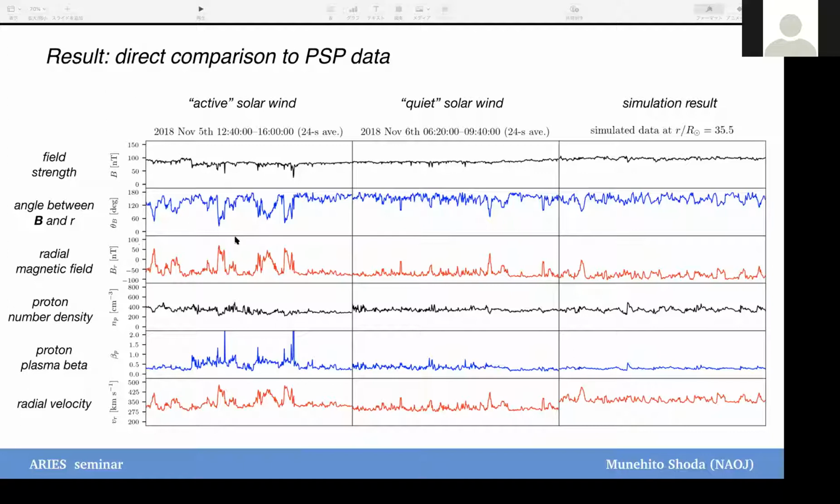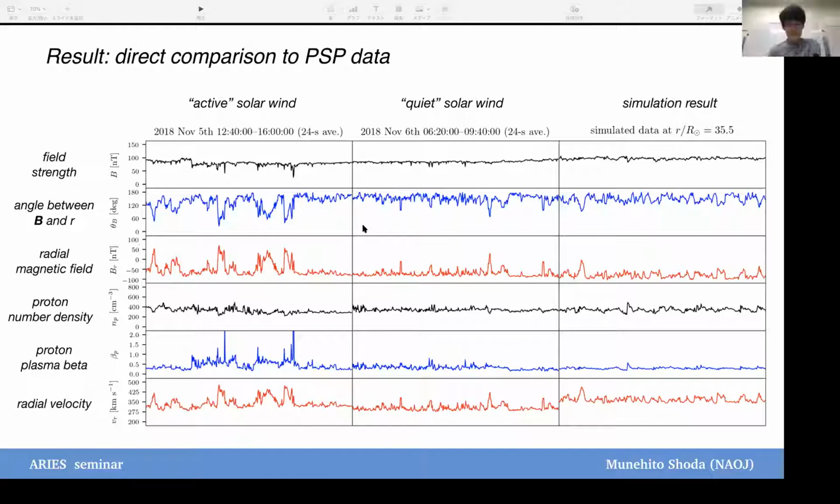The trend is exactly opposite. You said your simulation more or less corresponds to quiet solar wind. So what property did you actually check, based on which you say it is quiet solar wind, rather than just looking at this plot?